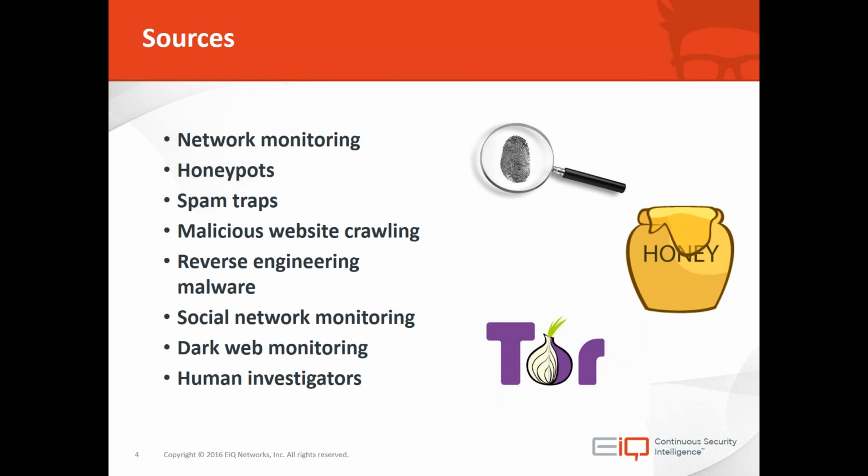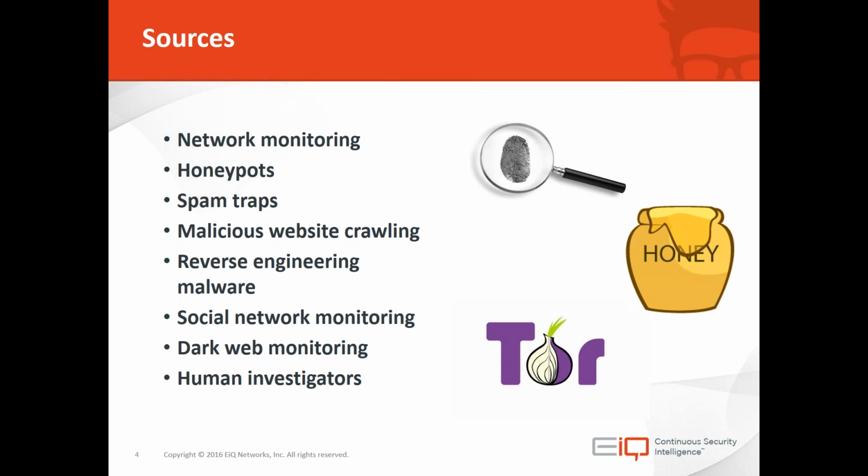It might also be somebody else's network monitoring. Someone else is monitoring their network and they decide to share what they find, or they decide to sell that information. That's a big source of where we get our indicators of compromise. Another one is things like honeypots and spam traps. This is sort of a passive way of collecting data on attackers.